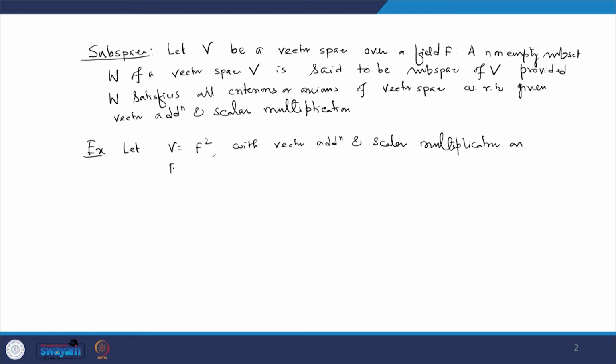For u and v belonging to V, u plus v equals (u1 plus v1, u2 plus v2). This is the vector addition.